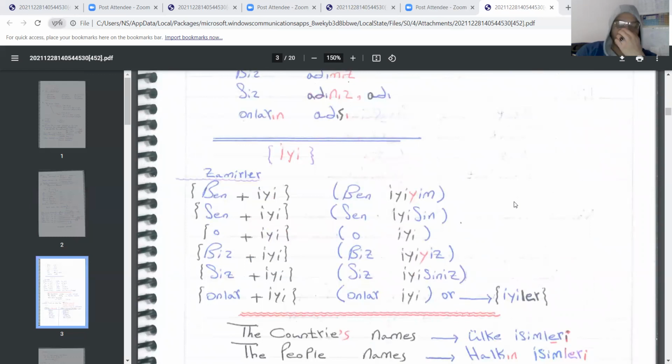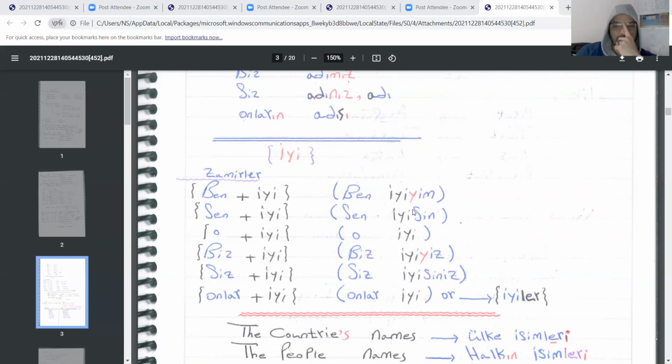How can I say I'm good, you're good, he's good, they're good? Ben iyiyim. I put it this way. Why? To prevent two vowel letters at the same place. Okay, but here I put Y, didn't put S. The grammar rule is like that.